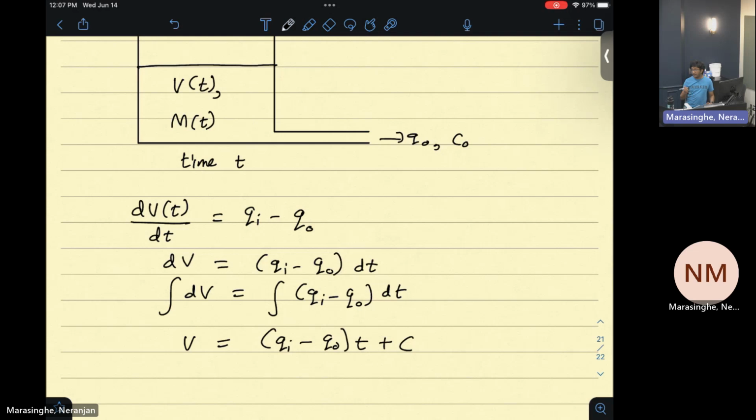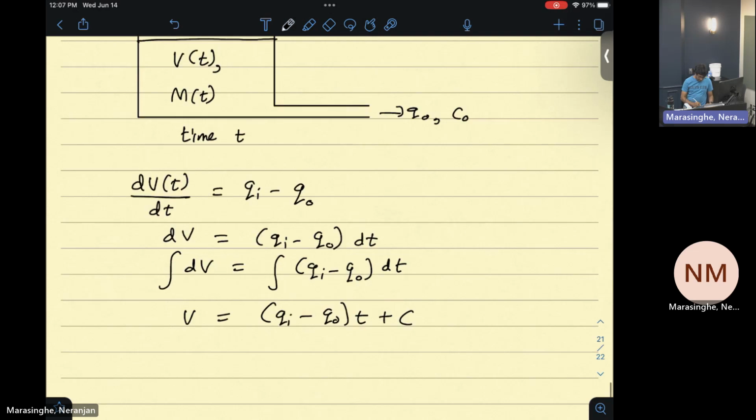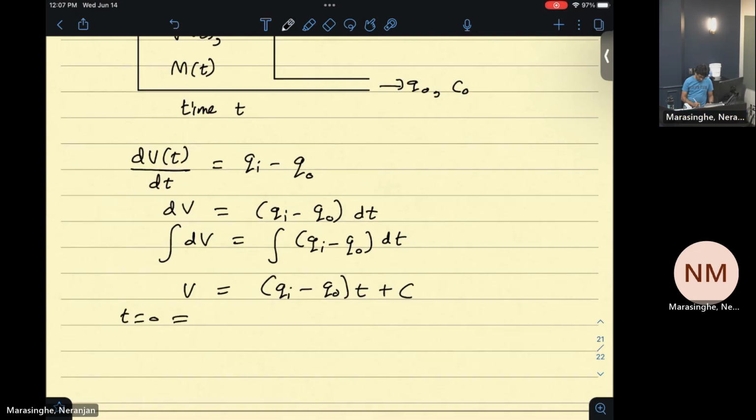I know that at time equals 0, Vt is going to be equal to V naught. So plug t equals 0. Then you would get V0 is equal to C, because if you plug t equals 0, Qi minus Q naught times 0 would become 0.